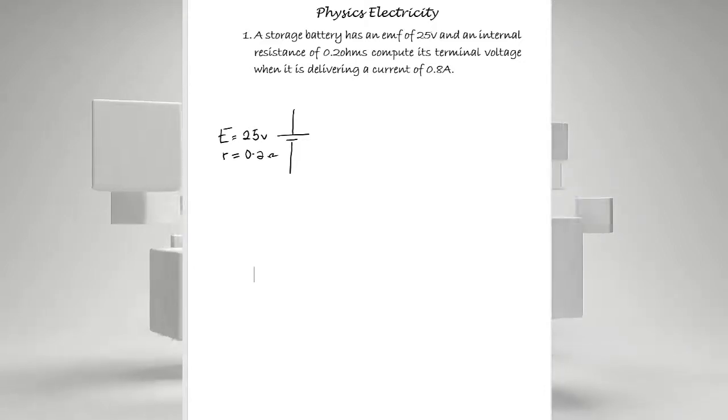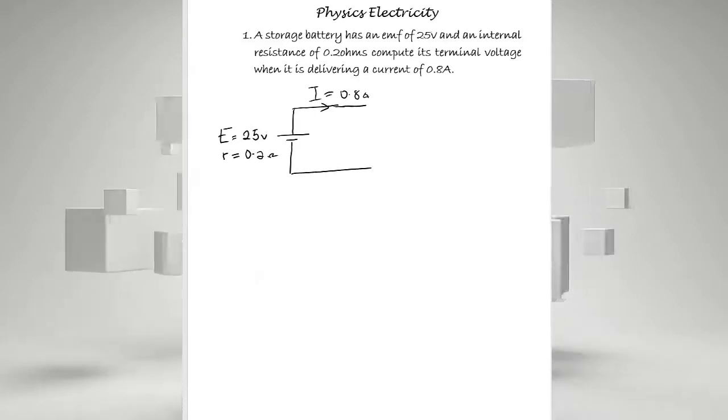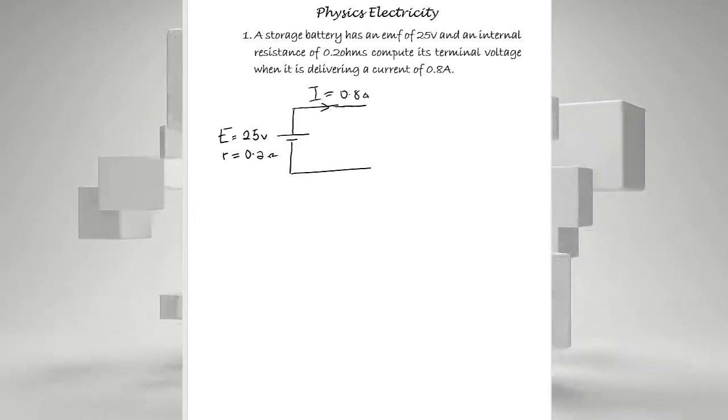Then that battery has an internal resistance, and we'll use small letter r to represent that internal resistance of 0.2 ohms. So this is from our source. This is what they are asking us for, the terminal voltage. So our I is equal to 0.8 amps, and we are looking for the terminal voltage.